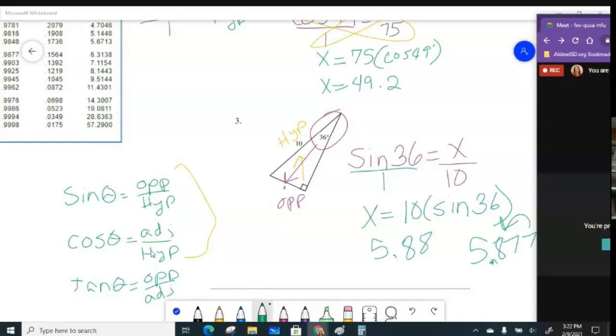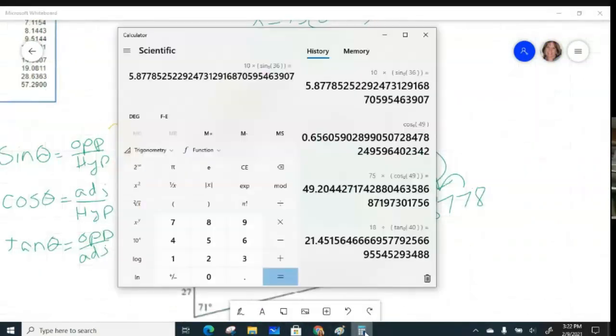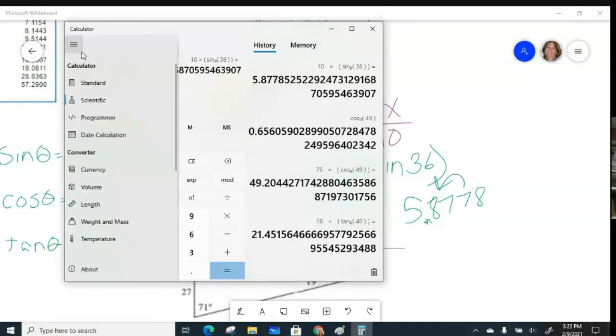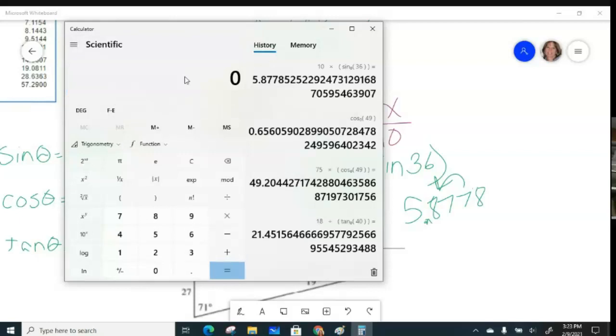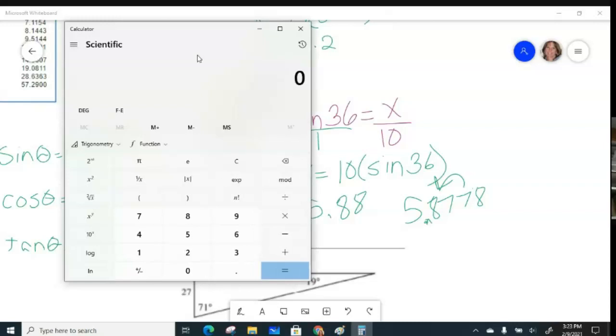Okay, because if we go to the sine, let me just clear this all out. I don't want it to show all the memory. Okay, so I just needed to shrink it to make that all go away. It's like too many decimals and numbers.